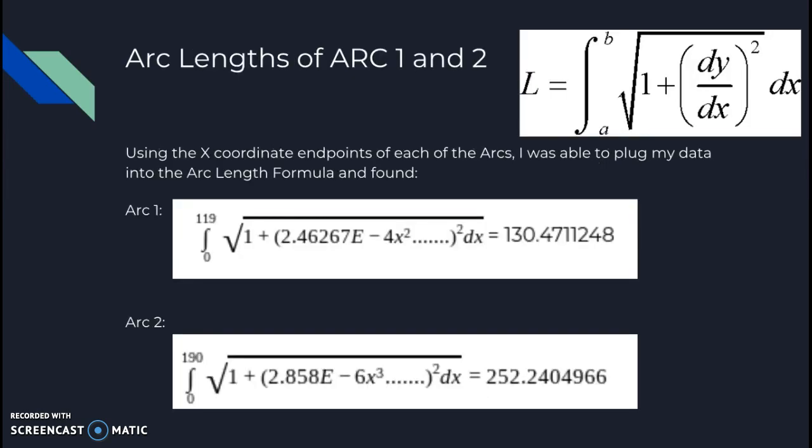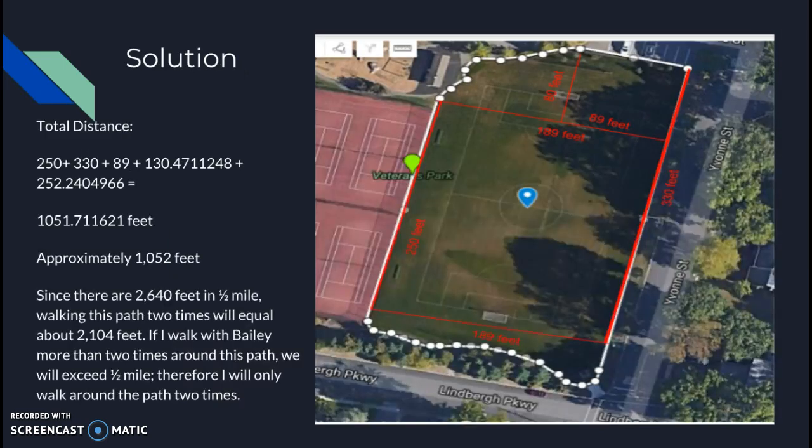And then using the arc length formula, I used the x-coordinate endpoints at each of my arcs, and using the derivative that I found of each of my arcs, I was able to plug it into the arc length formula, and then I found for arc 1 it wound up being 130.4711248 feet, and for arc 2 I found it being 252.2404966 feet.